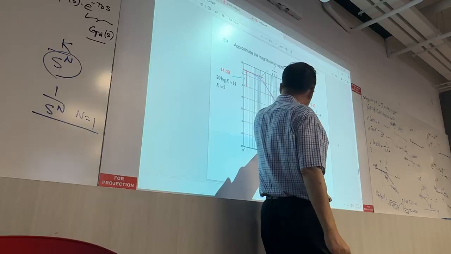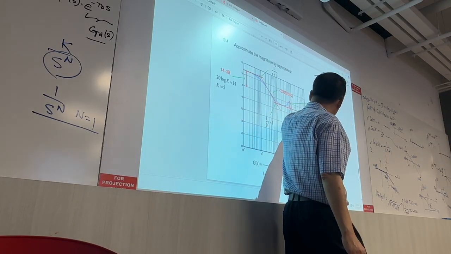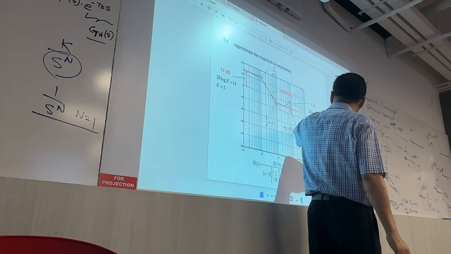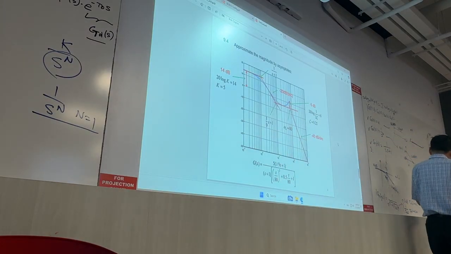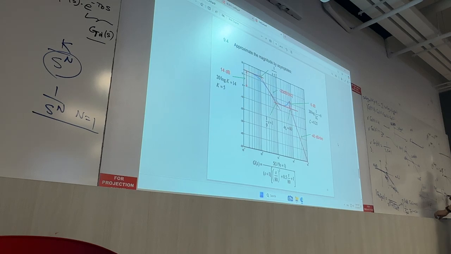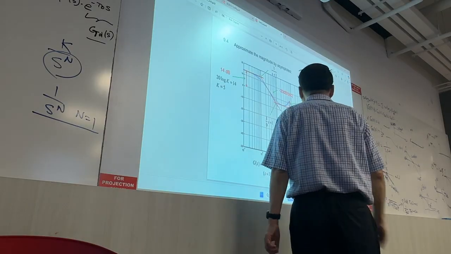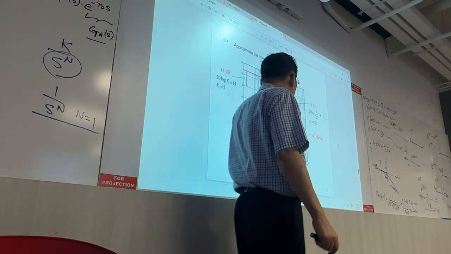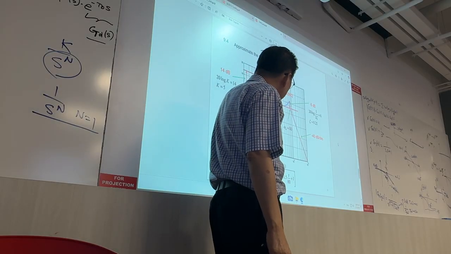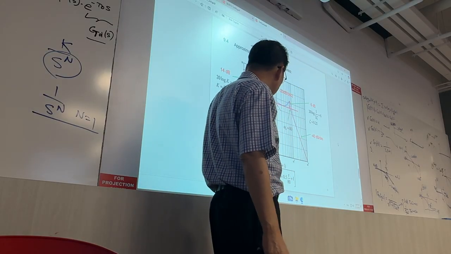So here is another corner frequency, and here is a 6 decibel. These are two damping ratio, these are not this. So using this formula, you can get the damping ratio, and from here you can see that there is a second order system.